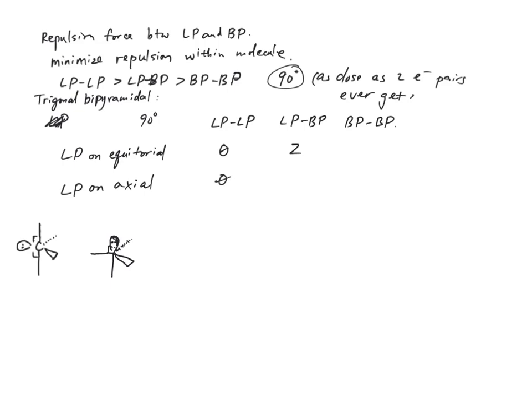This lone pair is also 90 degrees to this triangle bonding pair. So you would have 3 of those. So you would have 3 lone pair-bonding pair 90 degree repulsions for the axial position and 2 for the equatorial position.